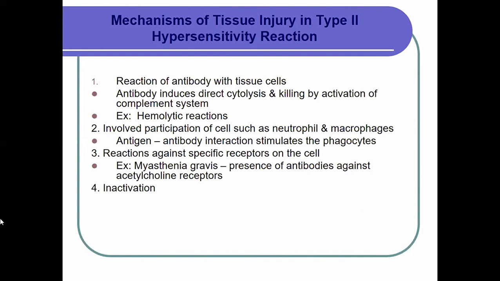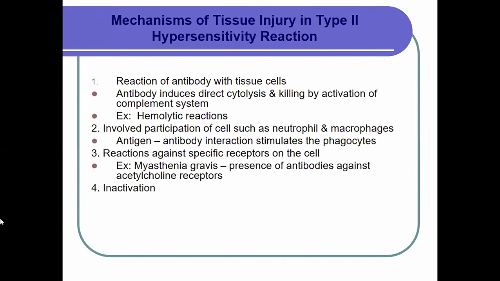So these antibodies cause destruction of the receptors so that the acetylcholine neurotransmitter will not be able to interact with the receptors. So the expected effects of acetylcholine will not be expressed.